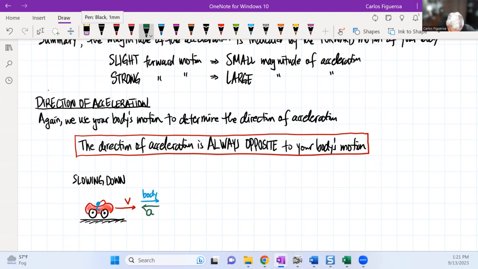I can do the same thing for speeding up. So if I'm speeding up, again, I look at my car, and so when I'm looking at my car, my velocity is again going to the right.